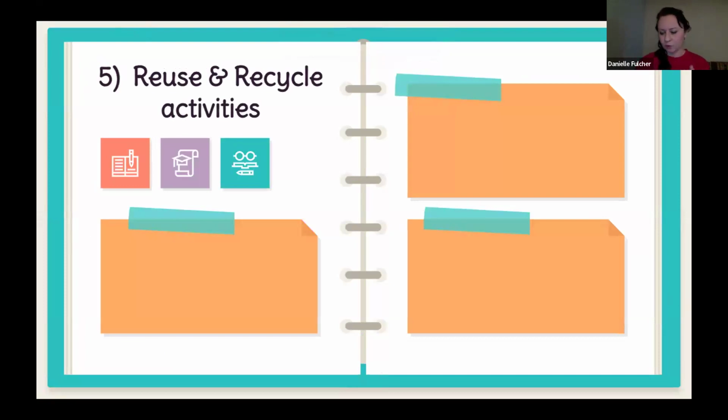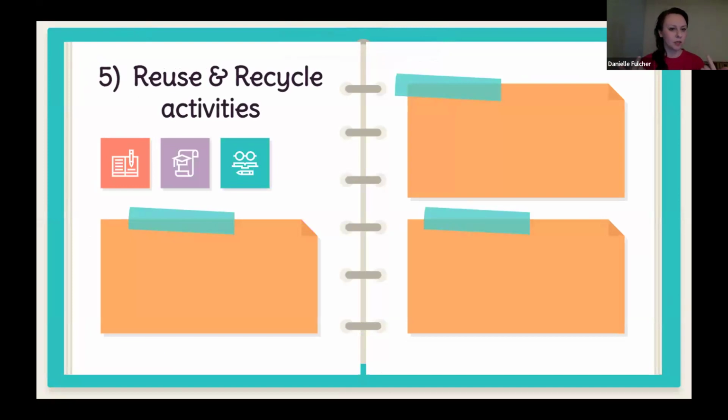Another one, the last one for this one, is reuse and recycle activities. A lot of us already do this, especially if you teach multiple levels, but the idea is that I+1, taking what you have originally and adding on to it the next time the student sees it.